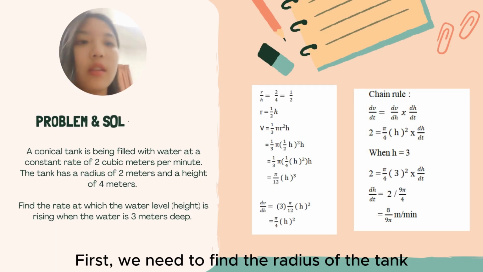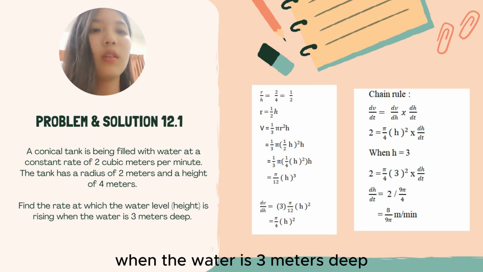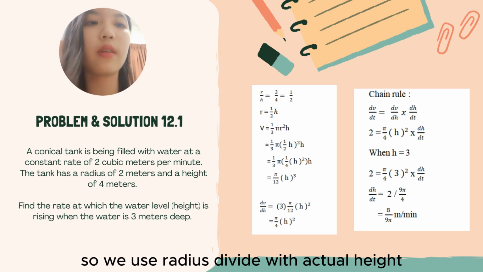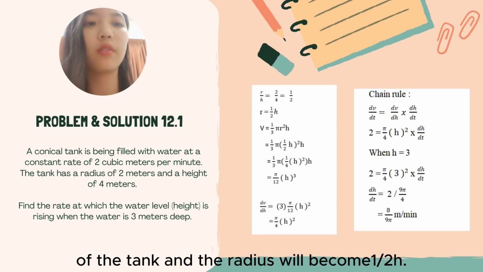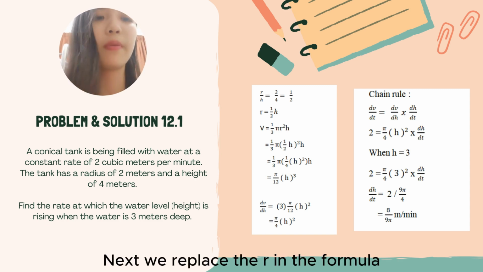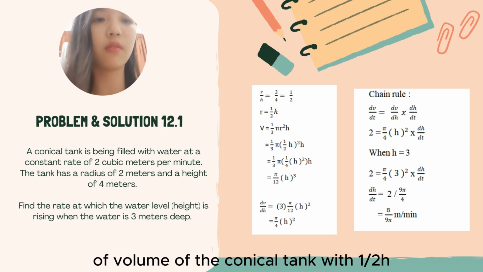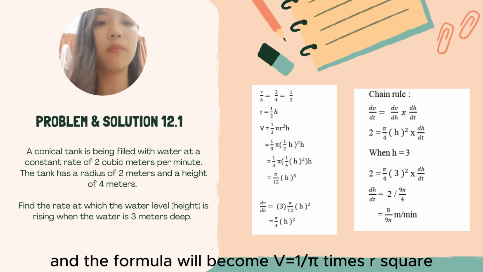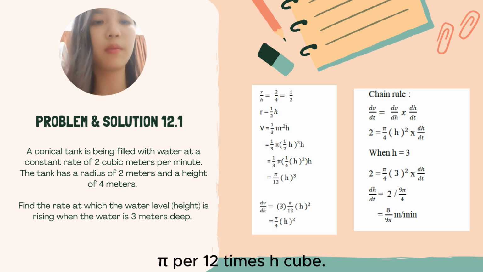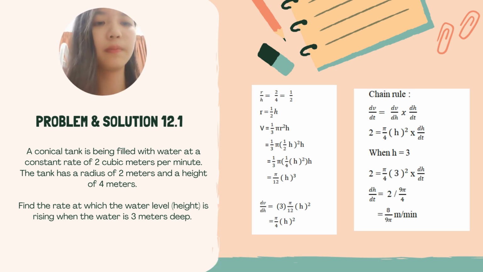First, we need to find the radius of the tank when the water is 3 meters deep. We use the radius divided by the actual height of the tank, and the radius becomes 1/2 h. Next, we replace the r in the formula of the volume of the conical tank with 1/2 h, and the formula becomes V equals 1/3 pi times r squared times h, so the volume is equal to pi/12 times h cubed.